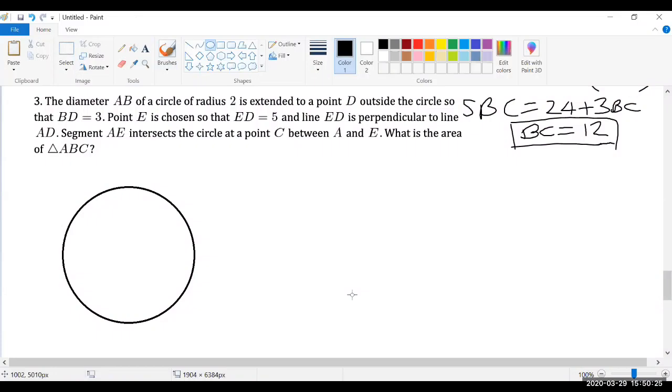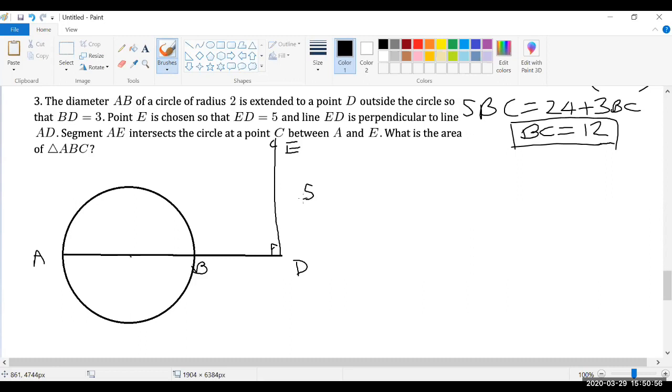All right, so we have a diameter and it's extended 3 units out. This is A, it's B, this is D, and we're given that line ED is perpendicular to line AD. So E, start there, and its length is 5.